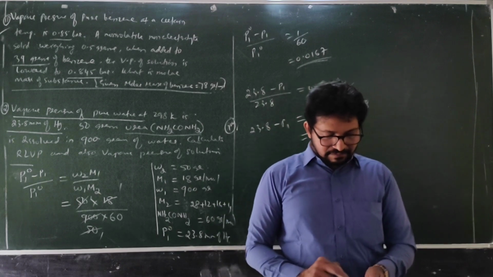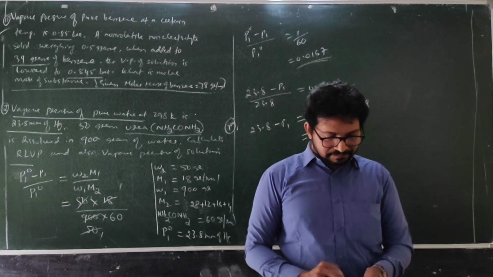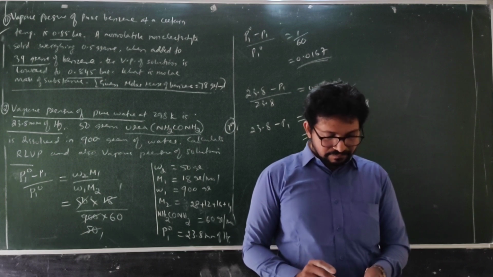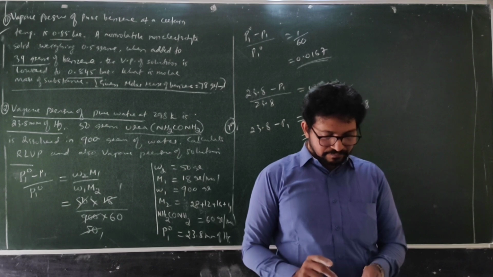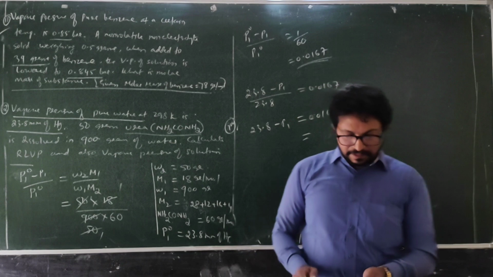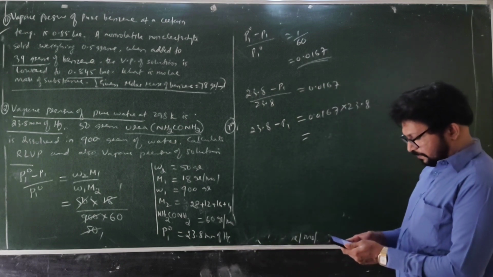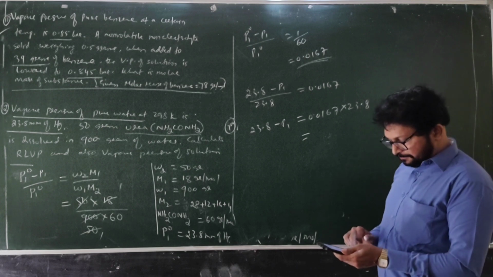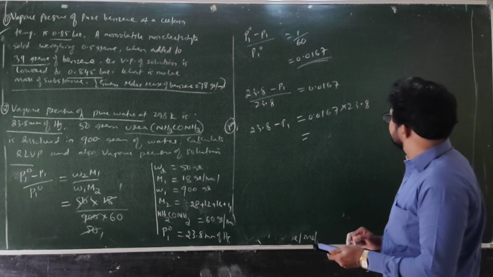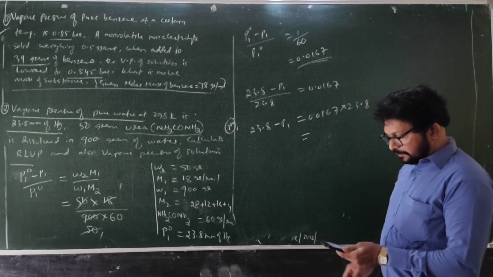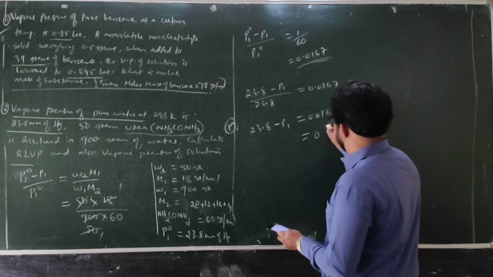And if you want, I will work it out here. See, 0.0167 into 23.8, 0.39746.